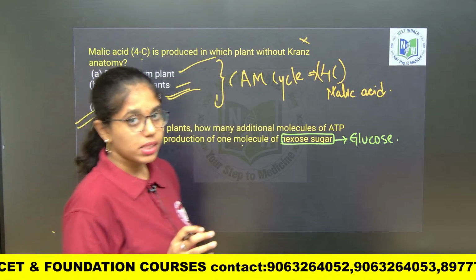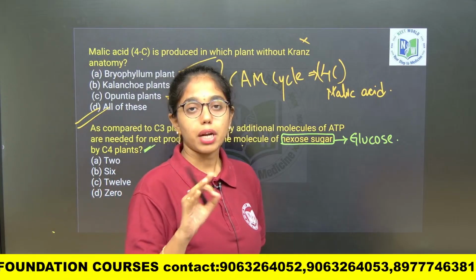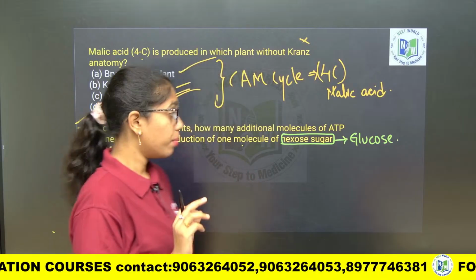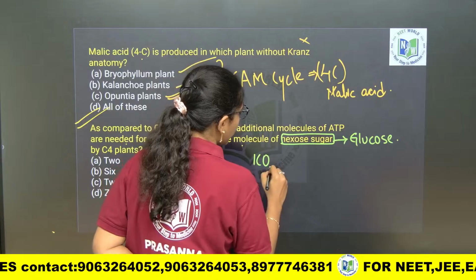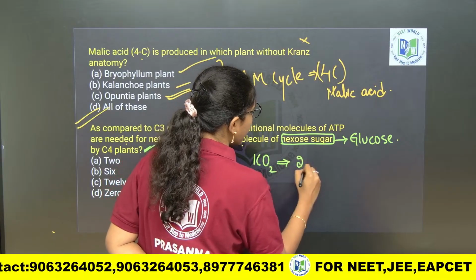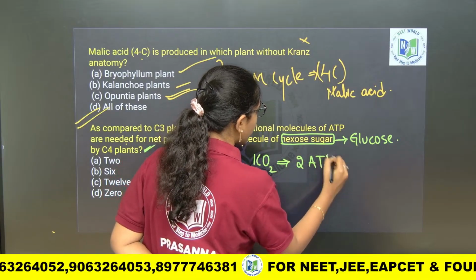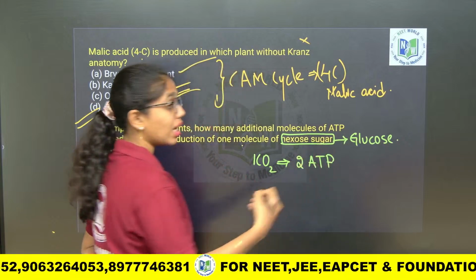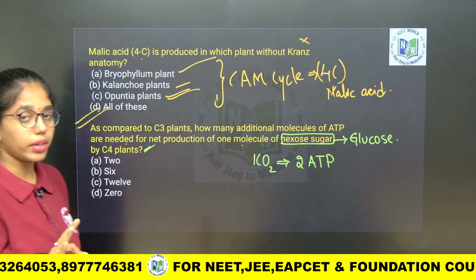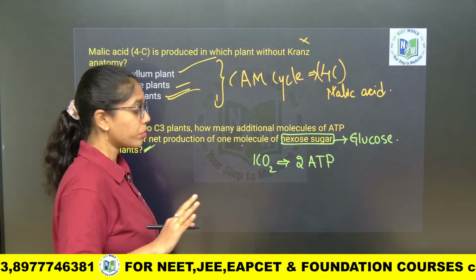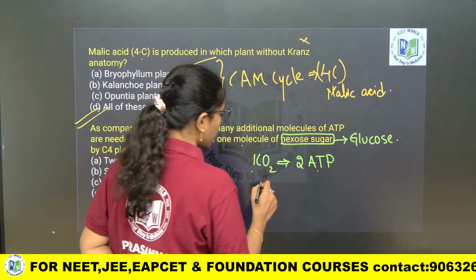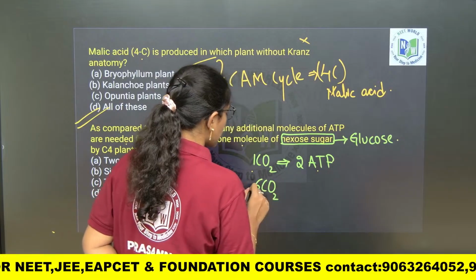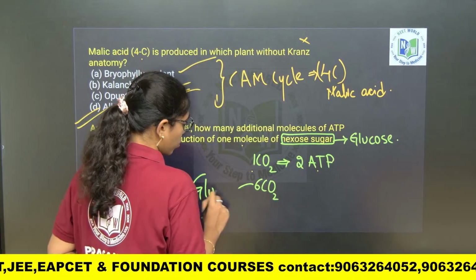In the Calvin cycle, we all know for 1 carbon dioxide 3 ATP are required, but in the C4 cycle additionally for 1 carbon dioxide fixation 2 ATP are required, along with the 3 ATP which runs the Calvin cycle.